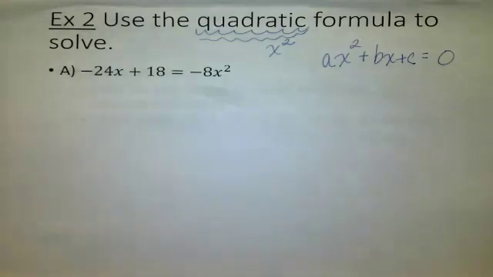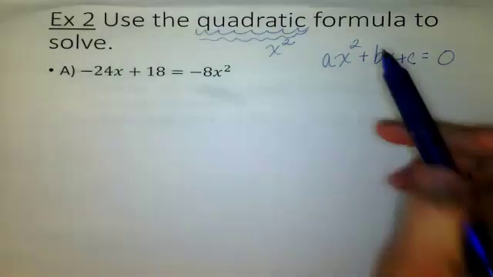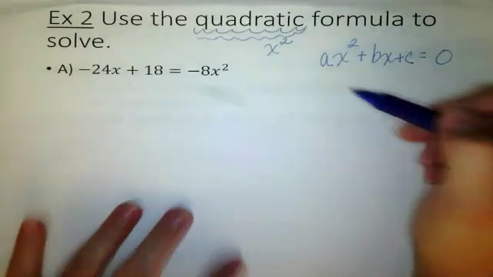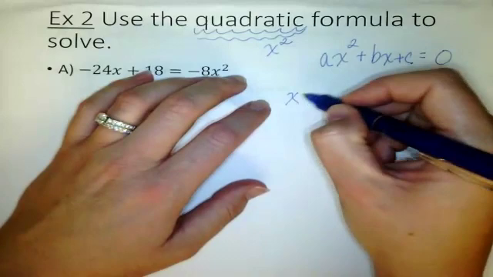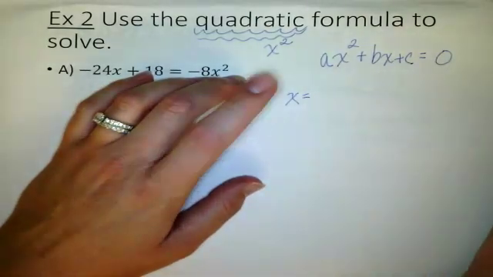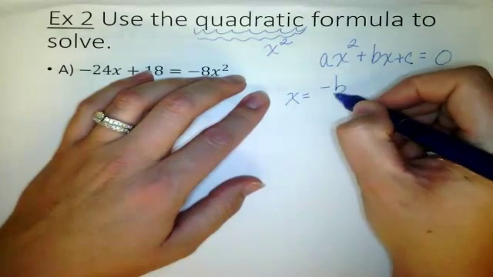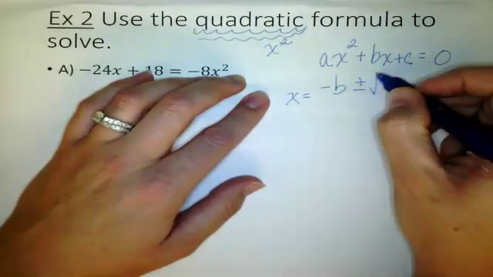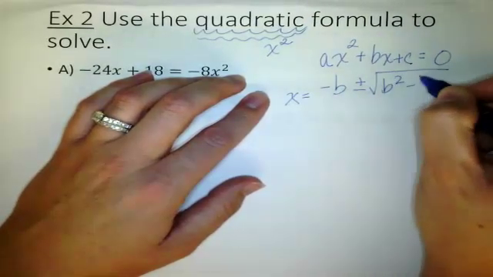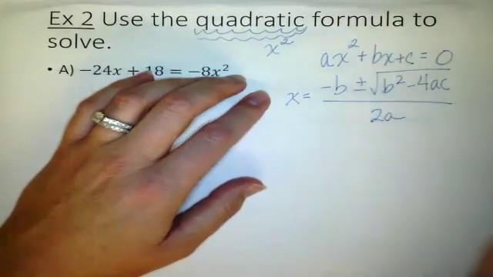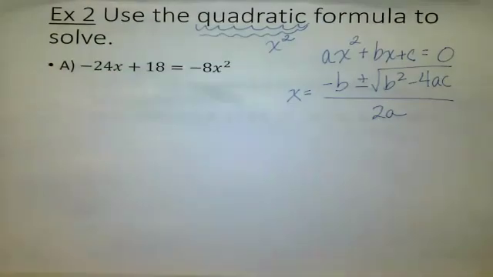So our quadratic equation has to be set equal to 0. And then if it is set equal to 0, ladies and gentlemen, what is the quadratic formula? x equals the opposite of b plus or minus the square root of b squared minus 4ac all over 2a. Okay. All right.